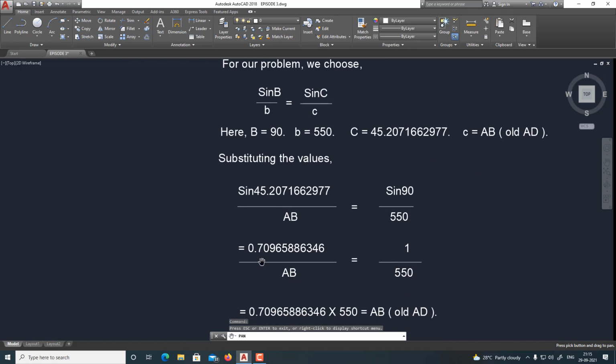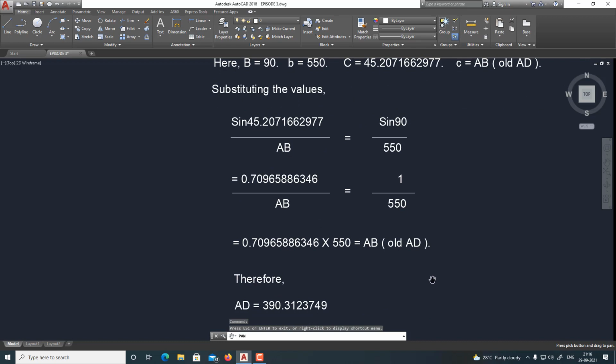So sin this angle is equal to 0.70965886346, by AB is equal to 1 by 550. Sin 90 is 1, therefore we have put 1 here. 550 remains here.